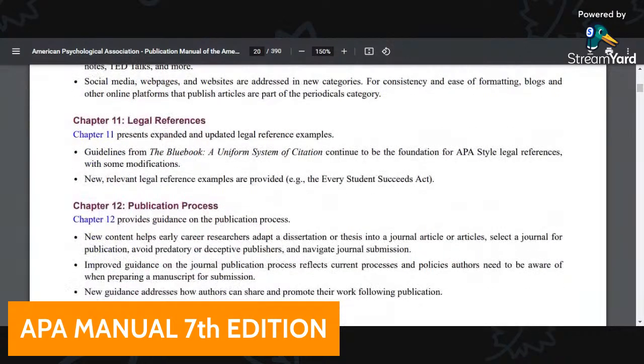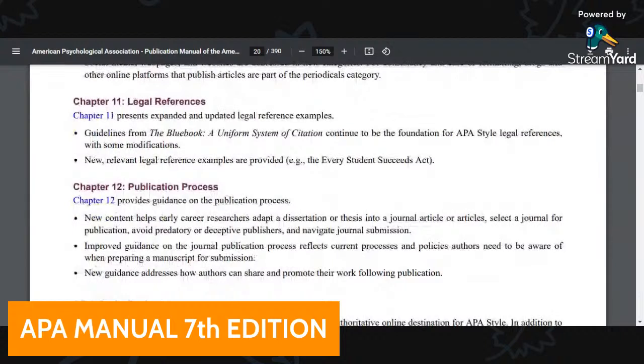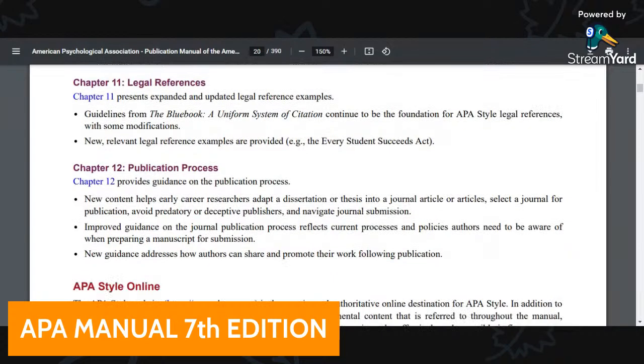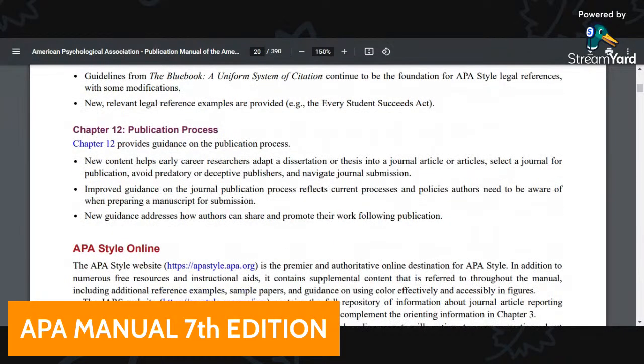Chapter 12 includes publication process and provides guidance on the publication process. So here is chapter 12. What is new in it? You can read in this video and on APA Style online.